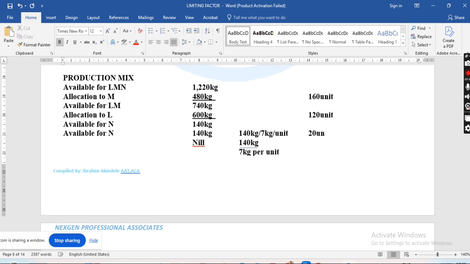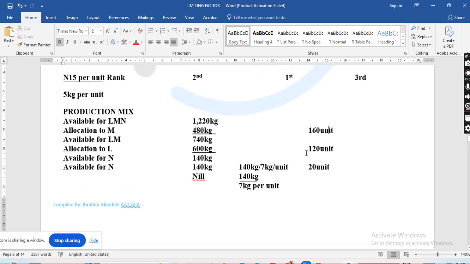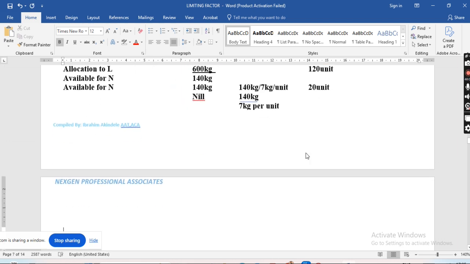That means it's just 20 units that we have the capacity to produce, based on the supply. We don't have enough resources. And this is the production mix. Let me write it out so that you see it.